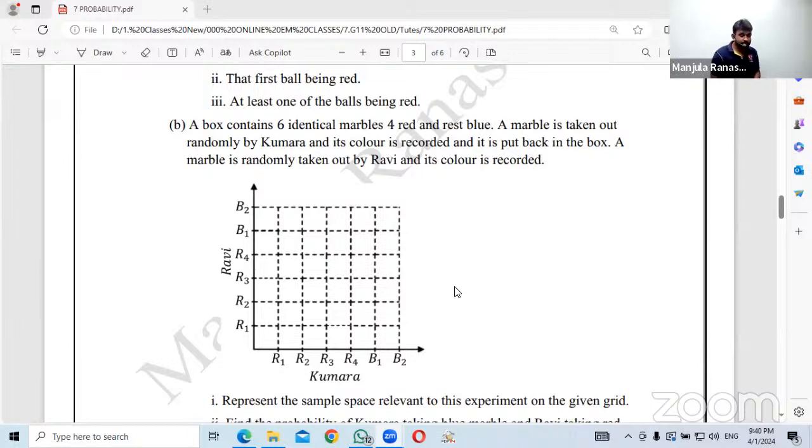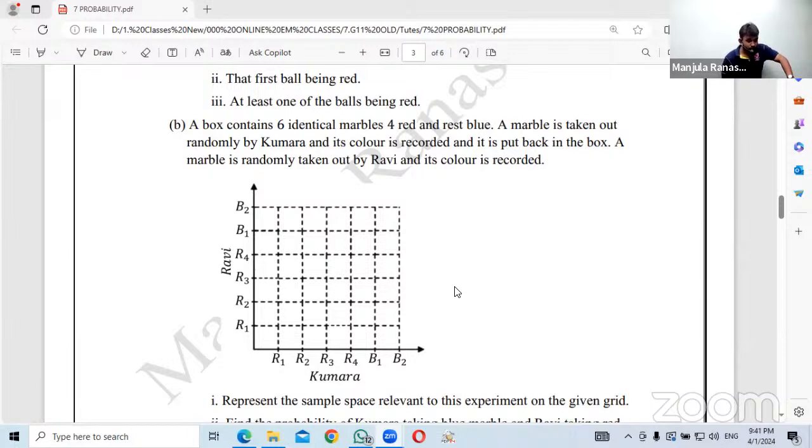Right, now part B. A box contains 6 identical marbles, 4 red and the rest blue. A marble is taken out randomly by Kumara, and its color is recorded and it is put back in the box.